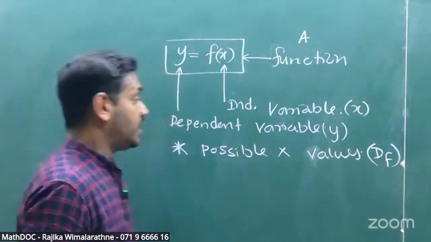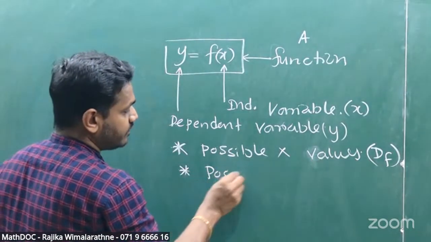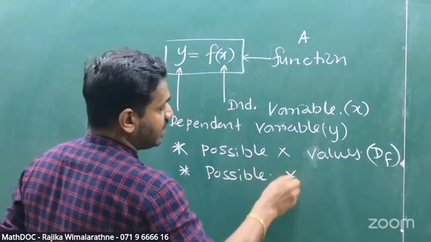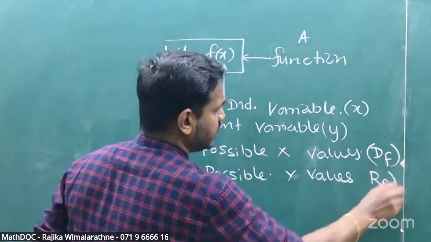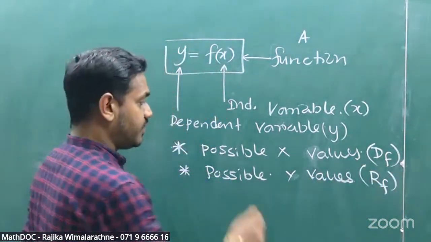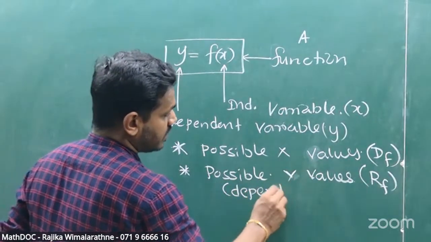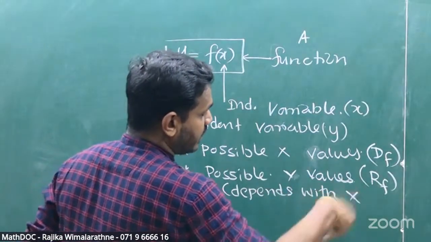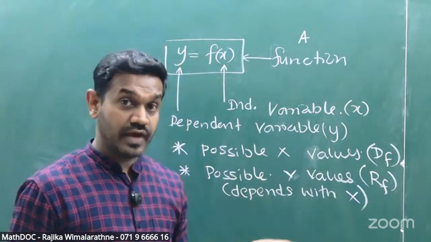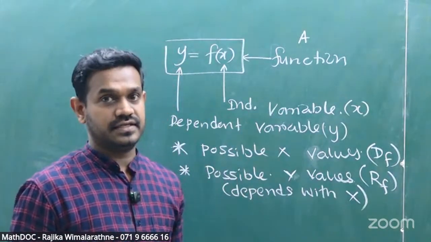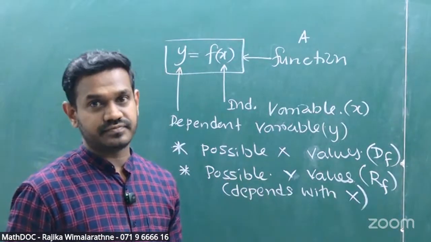Possible y values we call the range. The y values depend on x, no? Therefore, when finding the domain, you have to think about the possibilities of x. When finding the range, you have to think about the possibilities of y.